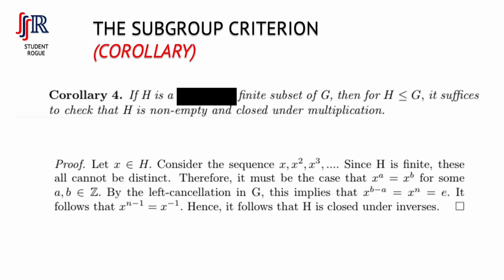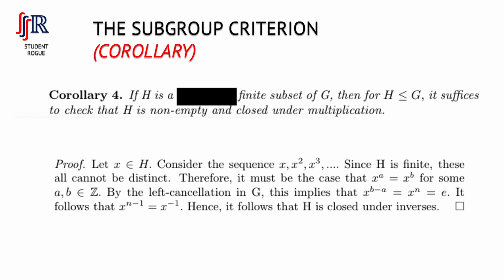And let's refer to B minus A as N, since an integer minus an integer is an integer, since the integers under addition are a group themselves, closed under the group operation. So we're saying that there is some integer N such that X to the N is the identity element.